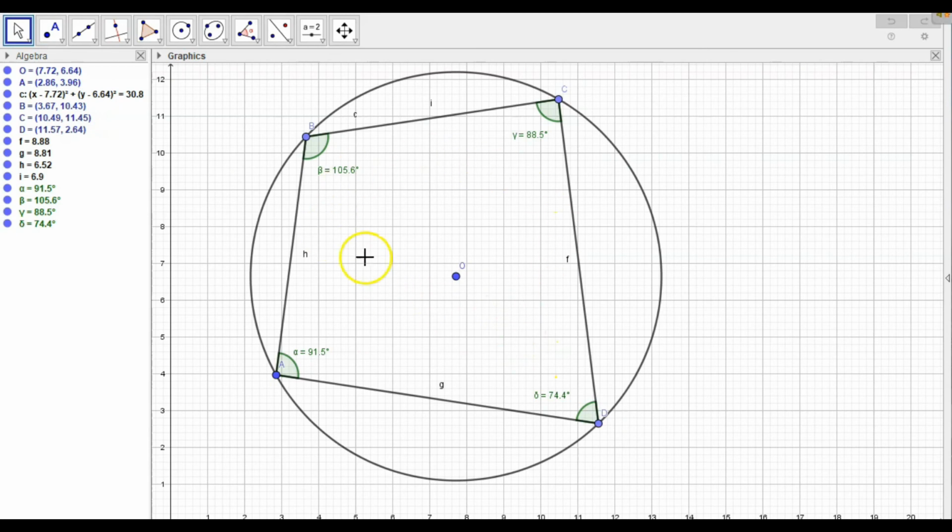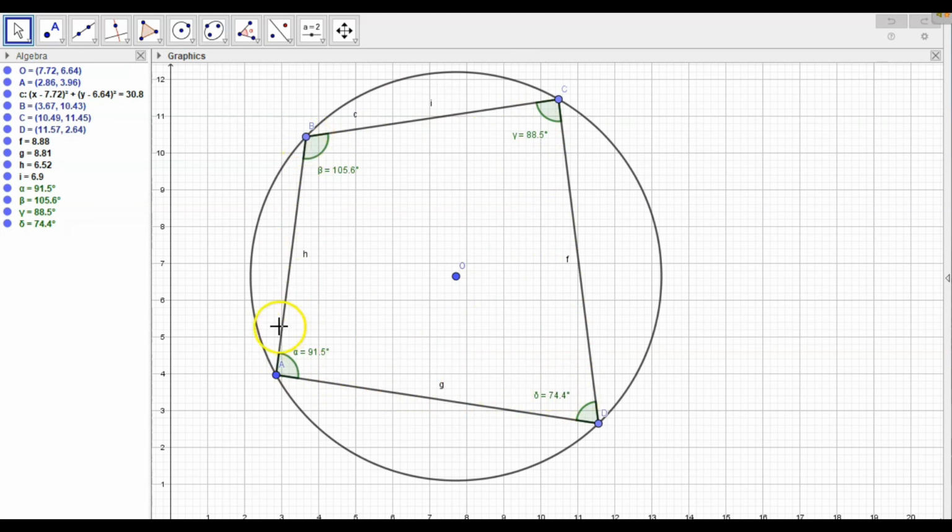So in verifying our cyclic quadrilateral theorem, now we have our circle drawn with center O, and it has 4 vertices on the circumference of the circle, which are points A, D, C, and B. Now I've joined each of the points with a chord, and therefore we have some angles measured in there.